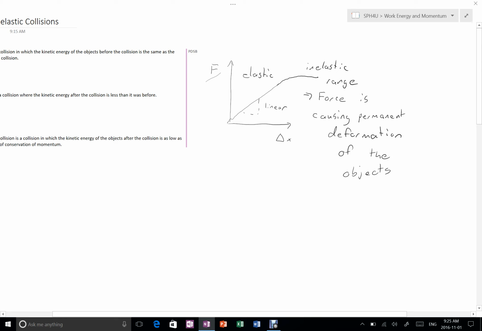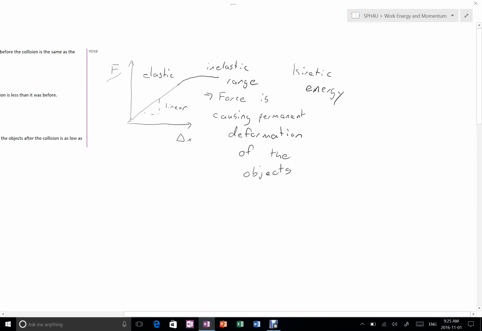Then we have kinetic energy being converted into changing the materials in the collision.